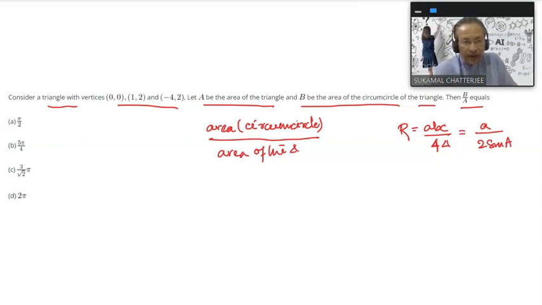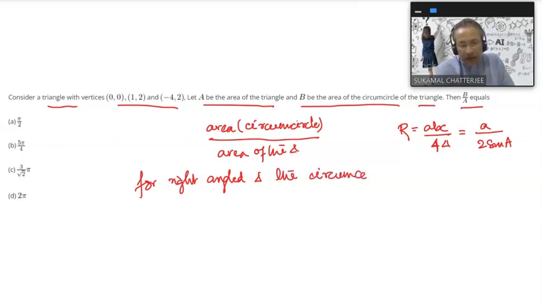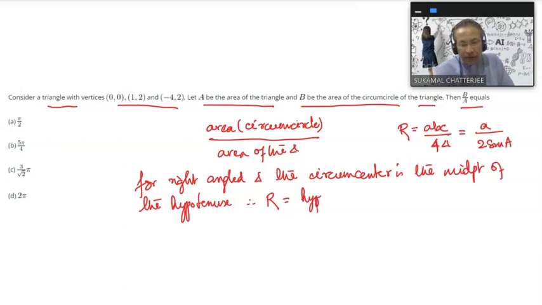Now, for right angle triangles, the circumcenter is the midpoint of the hypotenuse, and therefore the circumradius is the hypotenuse divided by 2.